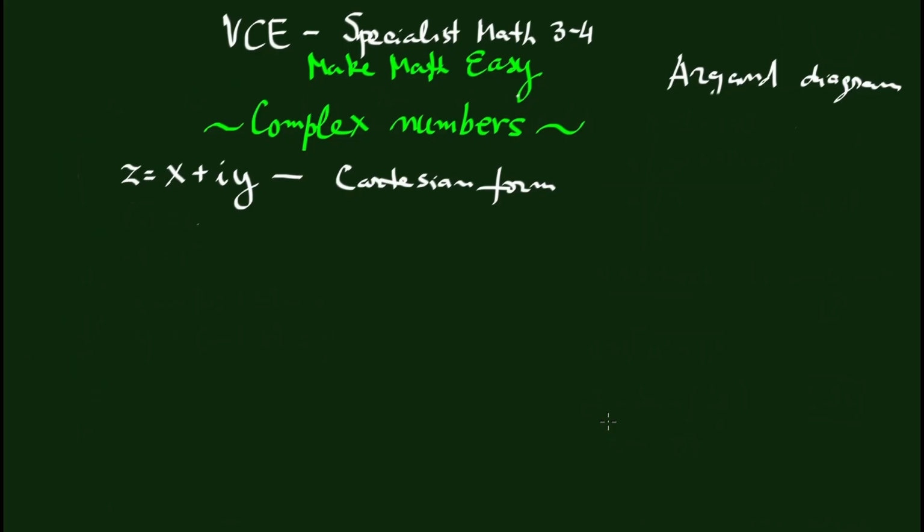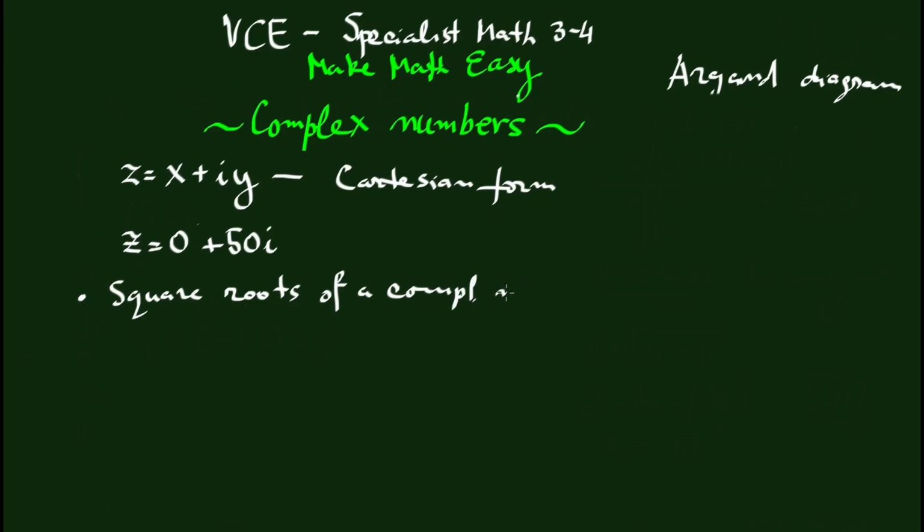And now, what if someone asks, what's the square root of a complex number? The simplest complex number will be, say, 0 here and 50i here. That's a complex number too. So one question would be square roots of a complex number.